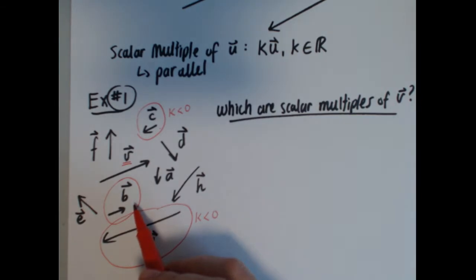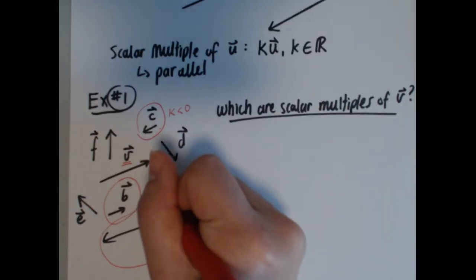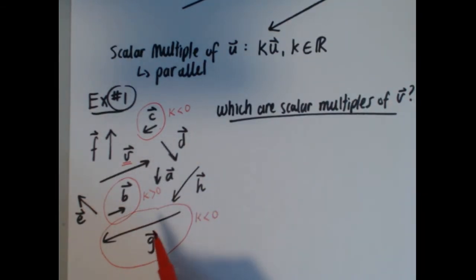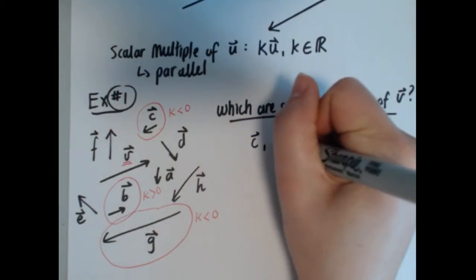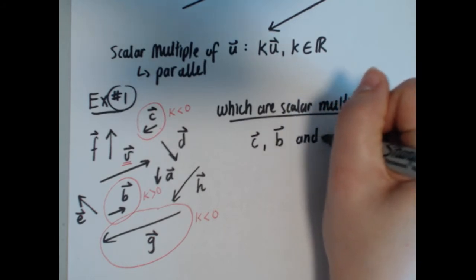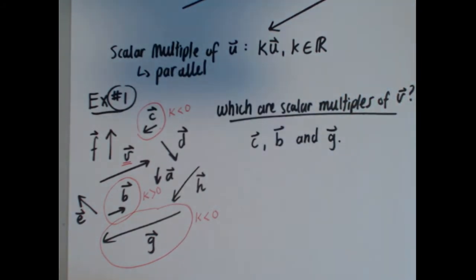And B here would have a k value that's positive, but less than 1, because you see that it's shrunk compared to V. So which ones are scalar multiples of V? The answers are C, B, and G. Hopefully that's okay.